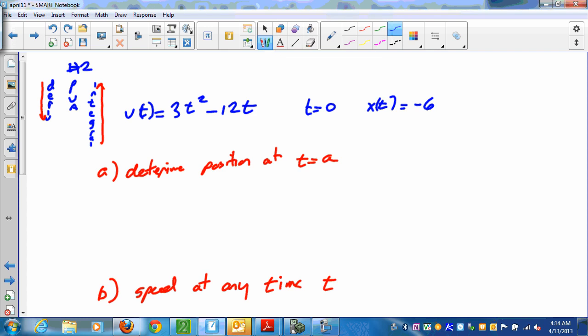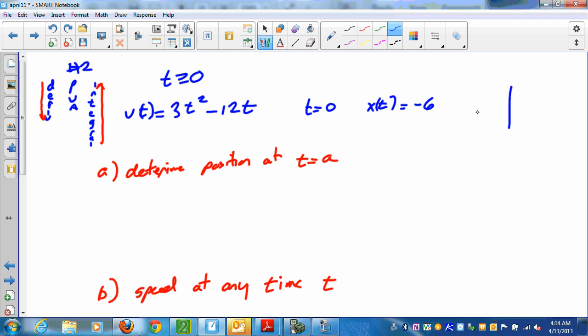Okay, let's take a look at number 2, still in the calculator section. They give you the velocity, it's 3t squared minus 12t, and they tell you that it's moving along the x-axis, and this function is valid when time is greater than or equal to 0, and at 0 it starts off at -6.